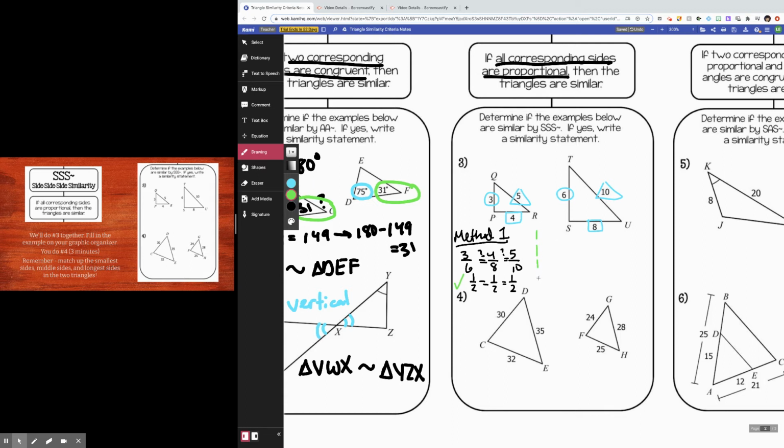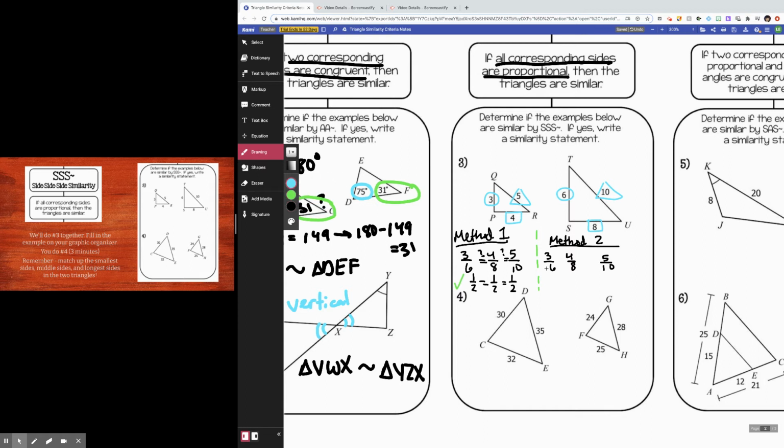Now I'm going to show you the other method, which is cross multiplication. You still have to write your 3 fractions: 3 out of 6, 4 out of 8, and 5 out of 10.